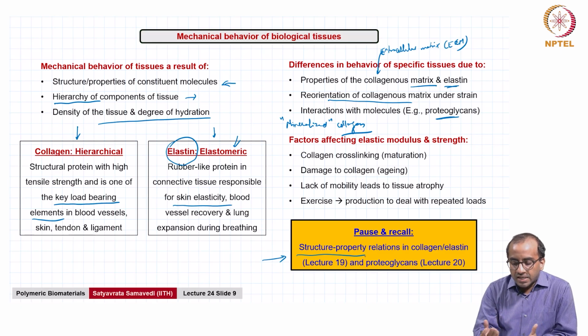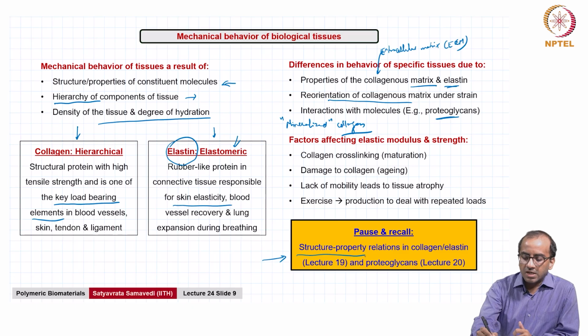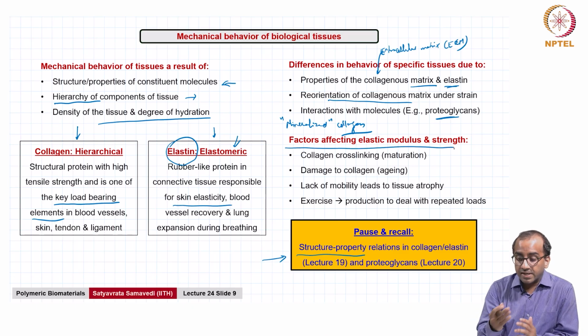And just taking collagen as an example, you can have factors affecting elastic modulus and strength. For example, cross-linking, which is another important aspect. Apart from hierarchy in collagen, cross-linking plays a very, very important role, particularly during maturation, in contributing to the excellent mechanical properties of collagen.